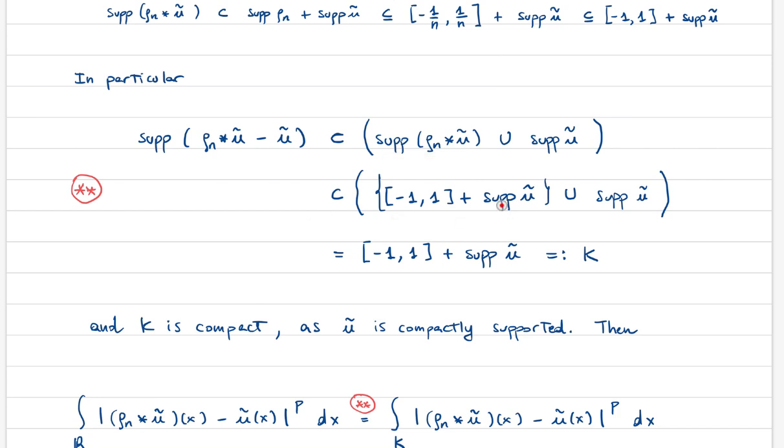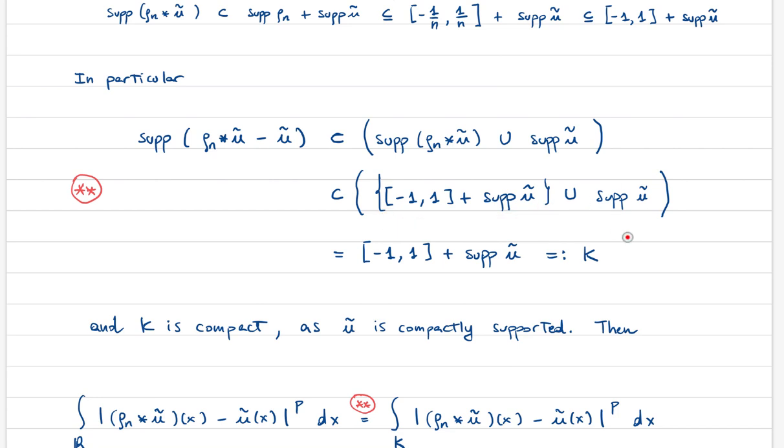And so here I'm just doing minus 1, 1 plus the support of u tilde, union the support of u tilde. I'm basically not doing anything in this union because, since this interval contains 0, this algebraic sum here contains the support of u tilde.